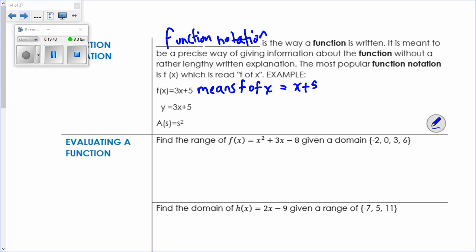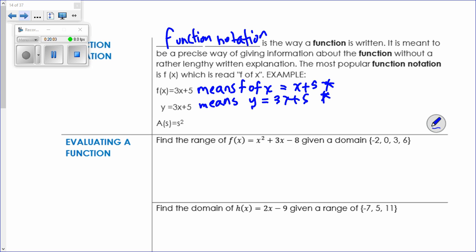If I had to write y equals 3x plus 5, not as bad, it means y equals 3x plus 5. These are the same.